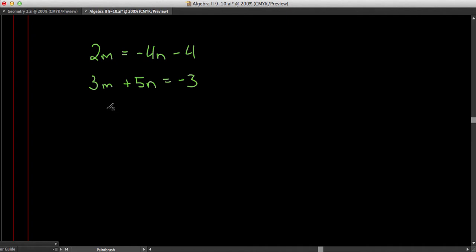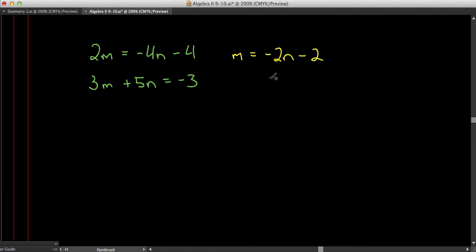So first thing I'm going to do is solve for one of the variables. And to me, the easiest variable to solve for right now would be the m in the first equation, because it's almost isolated already. So all I have to do is divide everything by 2, and I'm left with m equals negative 2n minus 2.